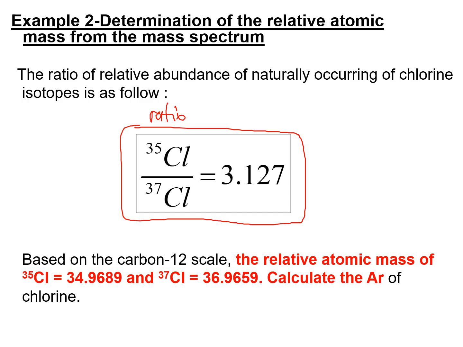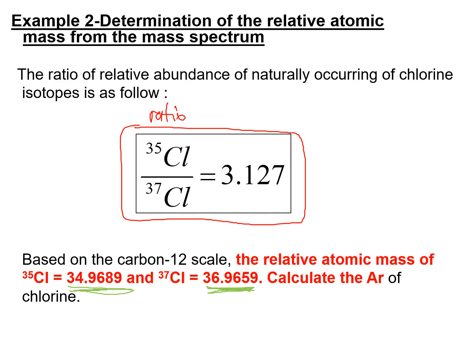Okay, so based on the carbon-12 scale, the relative atomic mass of 35Cl adalah 34.9689, and 37Cl punya relative atomic mass pula adalah 36.9659.